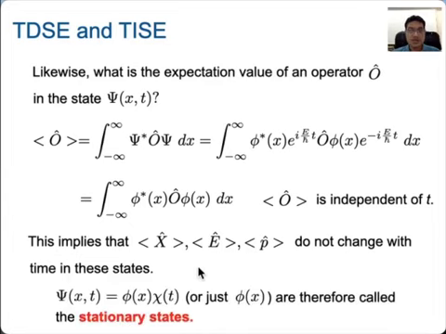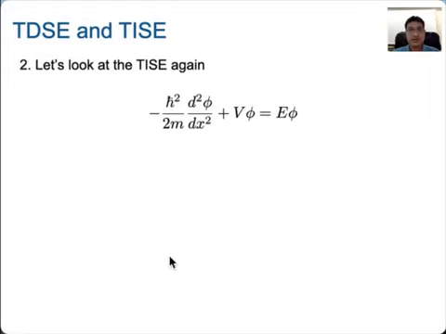So we can call this particular form of the state or wave function a stationary state, because it remains unchanged whatever observation you make, whether you talk about the probability density or the expectation value of any operator. These quantities are not changing with respect to time. So then this state can be called a stationary state. Okay.